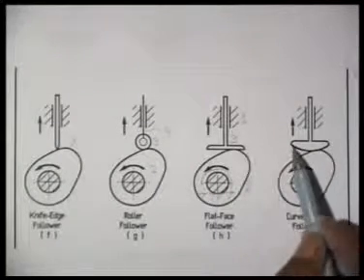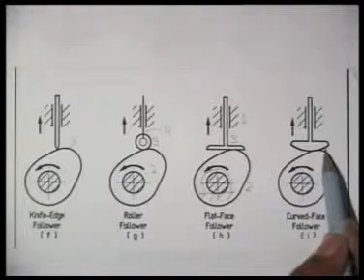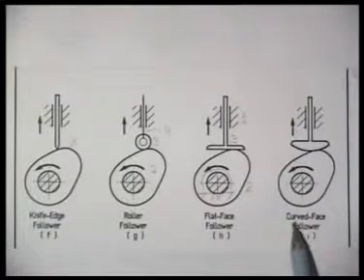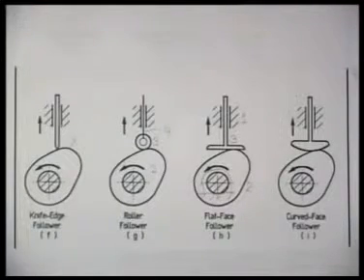Instead of a flat face, we can also have a curved face as shown here, and then we call it a curved face follower. So we have just finished classification of different kinds of cams and followers based on the type of input movement, based on the type of output movement, and based on the type of surfaces that are in contact between the cam and the follower.